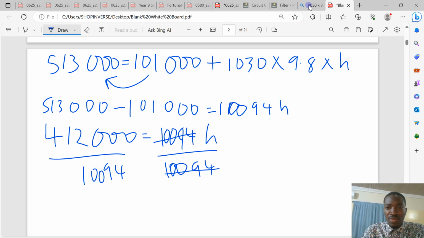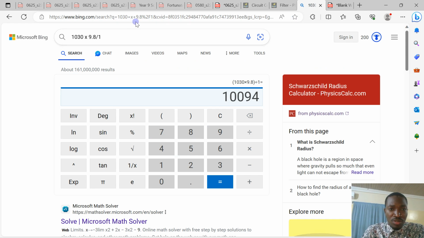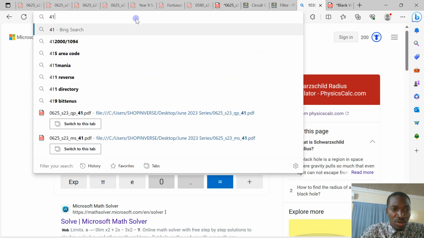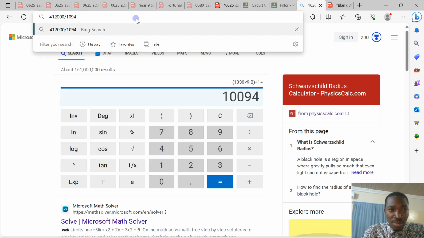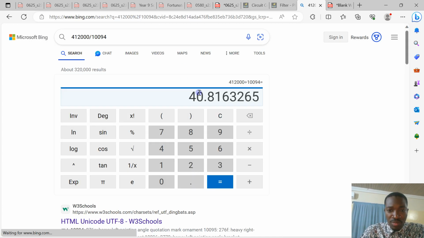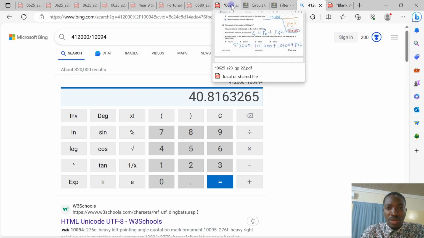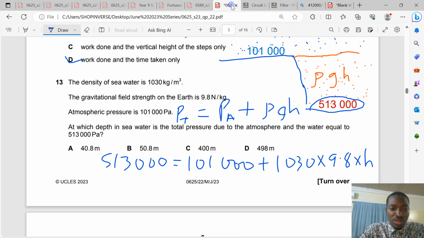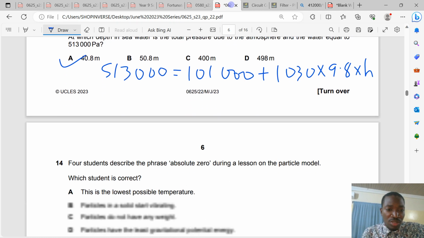So I'm to divide 412,000 by 10,094. And this gave me 40.81. Expecting the right significant places, that's 40.8. So 40.8 is the correct answer, and that makes option A the correct answer to question 13.